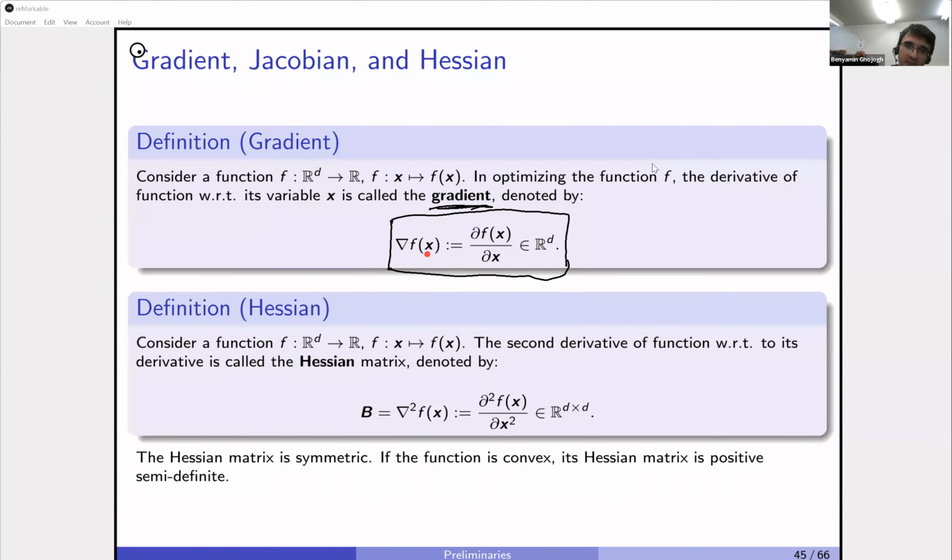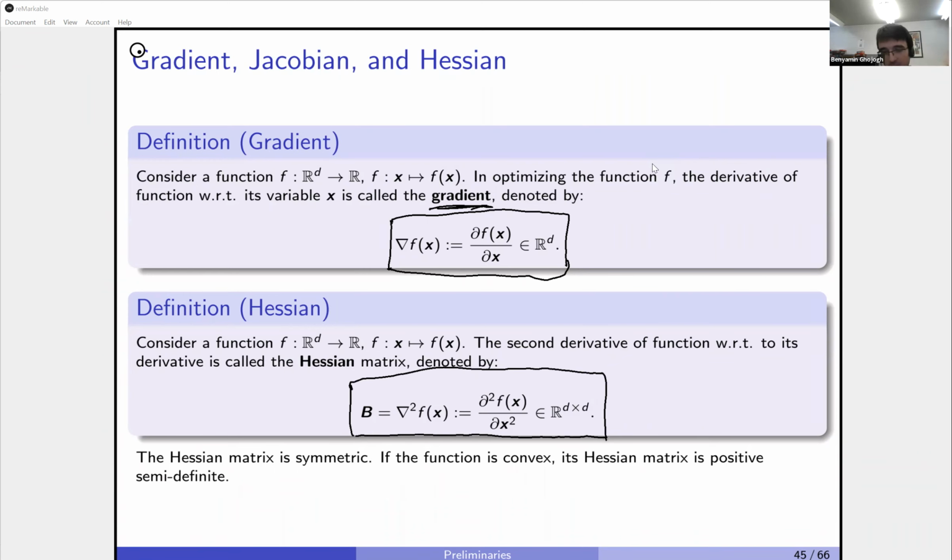We denote it by either this or this, which here is d-dimensional. Because output is a scalar, input is d-dimensional. Therefore, the derivative is a d-dimensional vector. Gradient, right? If we take the derivative of the derivative again, we'll have a second derivative.